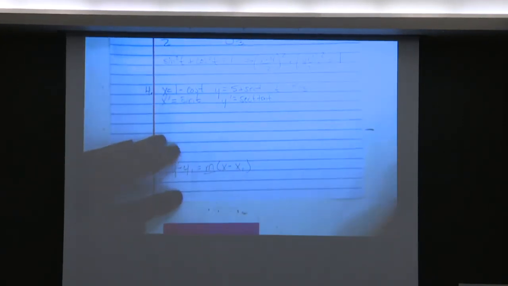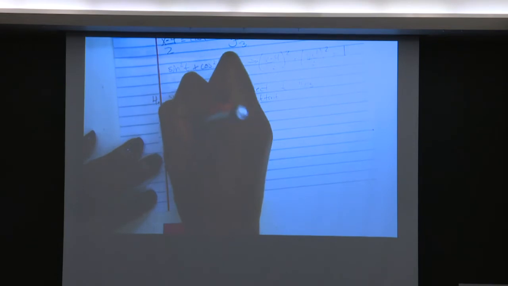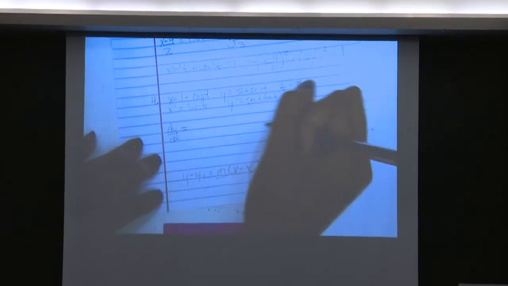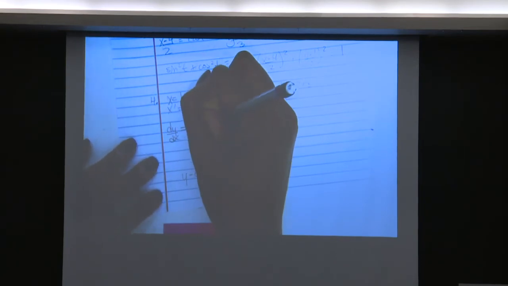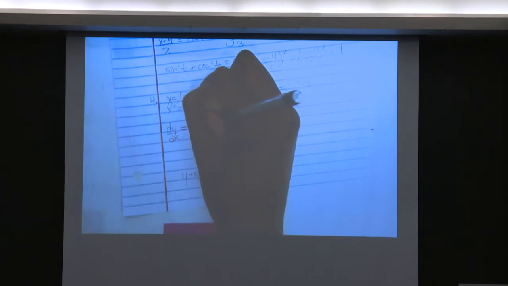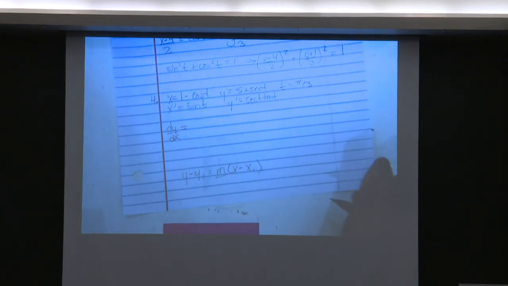We have to find this, which is going to give me dy dx. So that is, what did I do? I did something wrong. It's okay.